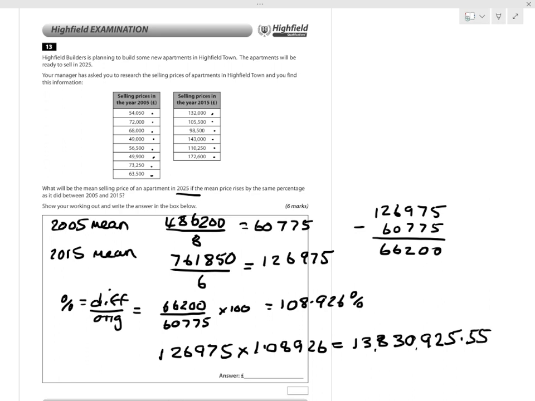So 13 million, that's mad. I don't think it's that much.